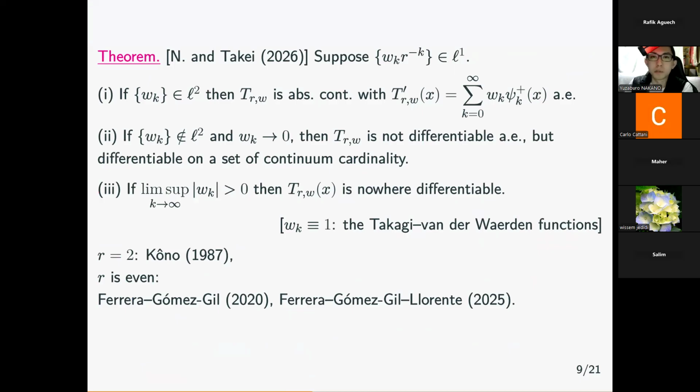And this is the second part of our main results. Suppose that Wk satisfies that Wk divided by r to the k is absolutely convergent. We obtain the complete classification of the differential property of T^r_W. If Wk is square summable, then T^r_W is absolutely continuous, and its derivative is the term-wise derivative.